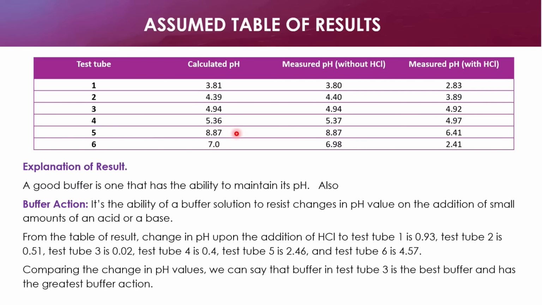From the table of results, the change in pH upon the addition of HCl to test tube 1 is 0.93. Test tube 2 is 0.51. Test tube 3 is 0.02. Test tube 4 is 0.40. Test tube 5 is 2.46. And test tube 6 is 4.52.